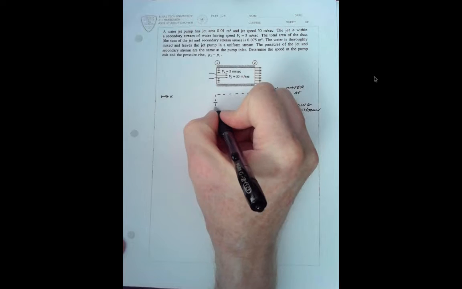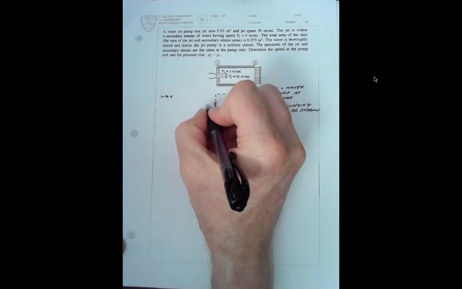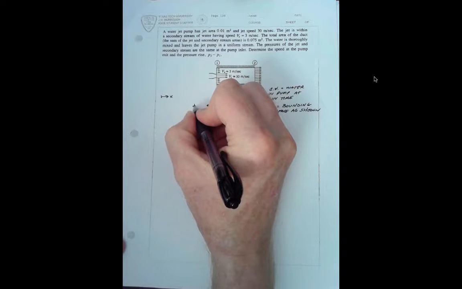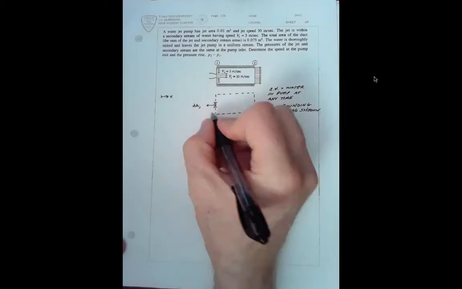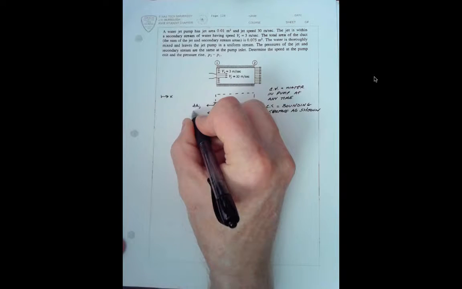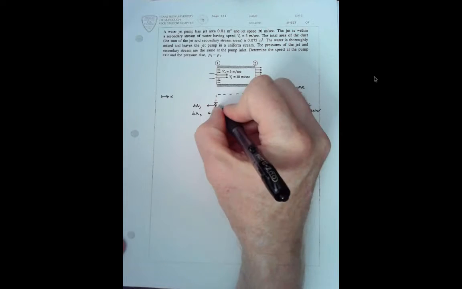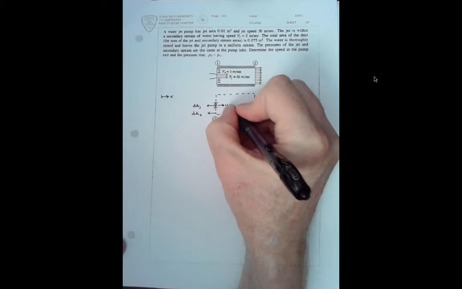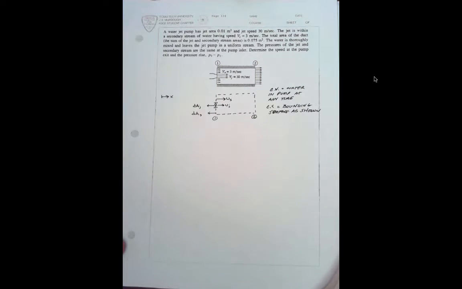So here we have two areas. We have the area of the jet. We'll call that dA of the jet. And we have the outward area of the free stream, dA of S. Here we have a u sub jet and u of the free stream. And we know the numerical values. We're given that in the problem statement.